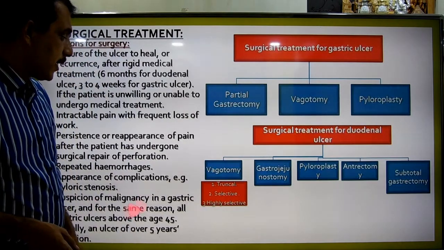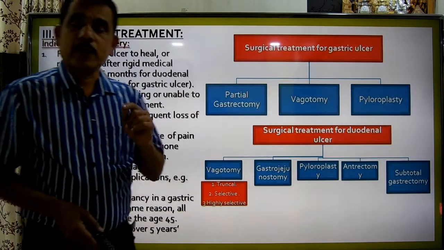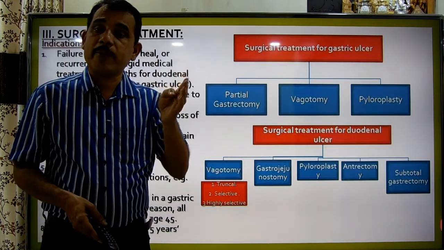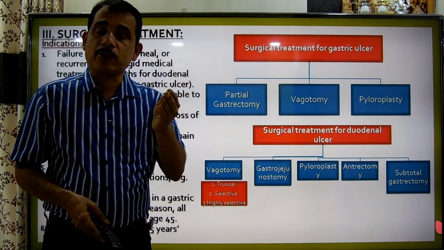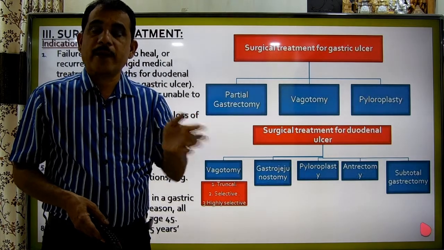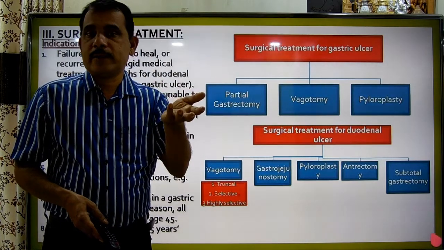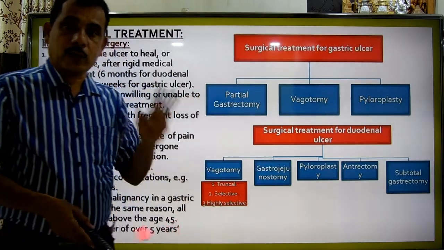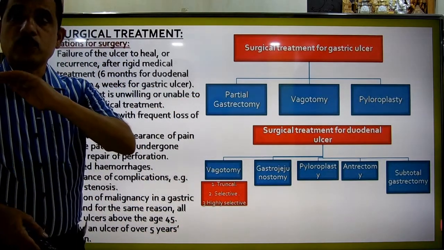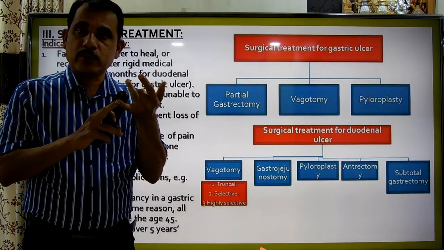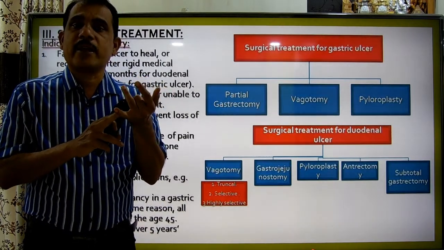Second, the selective. Selective means a few of the branches of the vagus nerve which supply mainly the pancreas, liver, and the pylorus will be preserved, and the rest is cut out. So the supply of the vagus nerve to the pancreas and liver will remain intact.